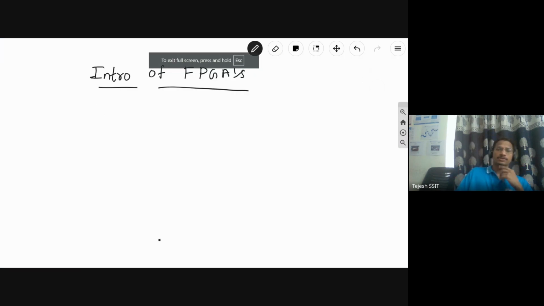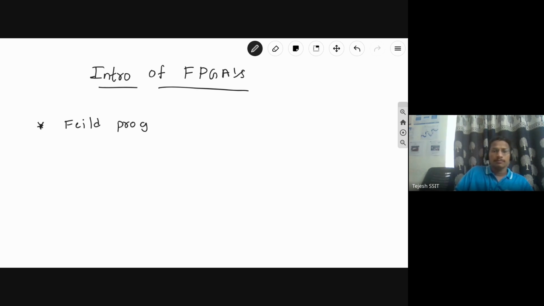Here you can see the main one, the introduction. FPGA means, as we all know very well, field programmable gate array. This is the full form.